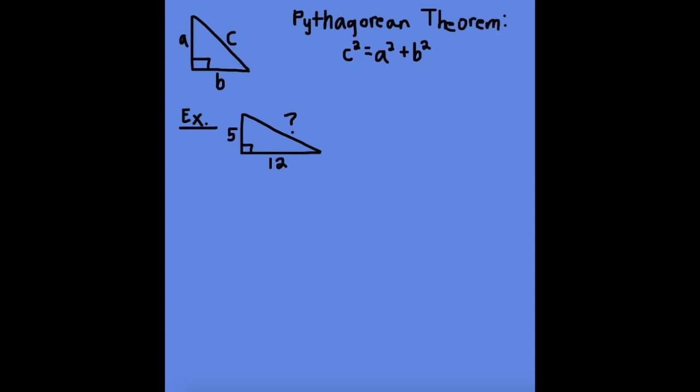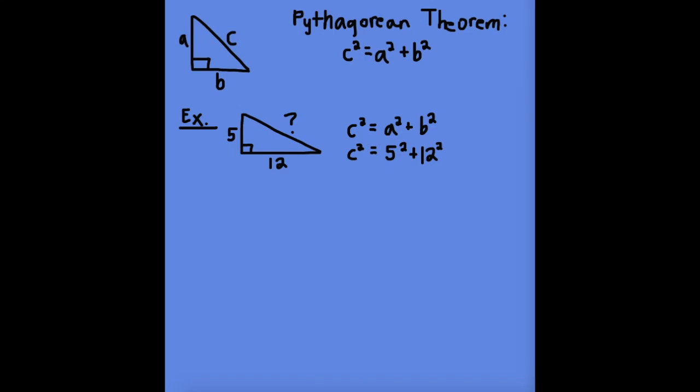Remember, the hypotenuse is C, so we are going to use the formula to solve for C. The Pythagorean theorem says C squared equals A squared plus B squared, where C is the hypotenuse and A and B are the legs. Therefore, I will set the equation as C squared equals 5 squared plus 12 squared, since 5 and 12 are the legs of the triangle.